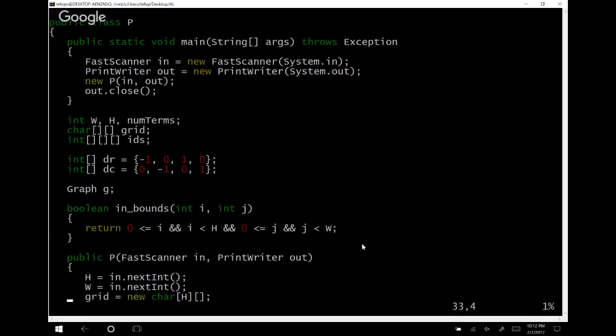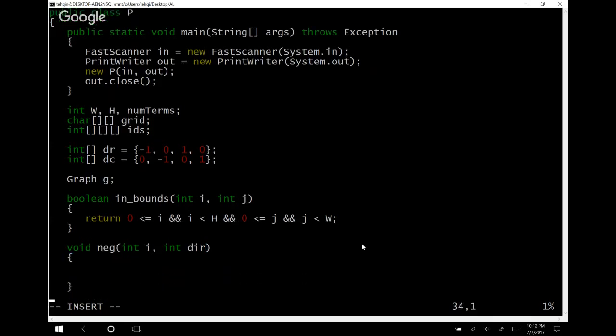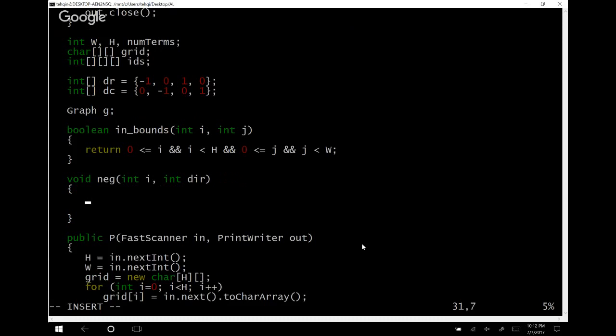So let's write some of our helper functions for 2-SAT, because I think that'll be interesting to see. What I typically do is a negate function. I'll do the node itself for P, and then the node plus number of terms for not P. That's how I group things. From 0 to num terms is all the true implications, and from num terms to the end of the graph is all the not true implications.